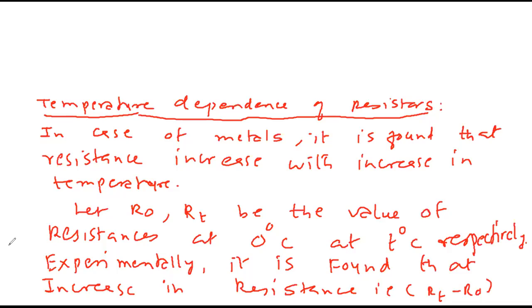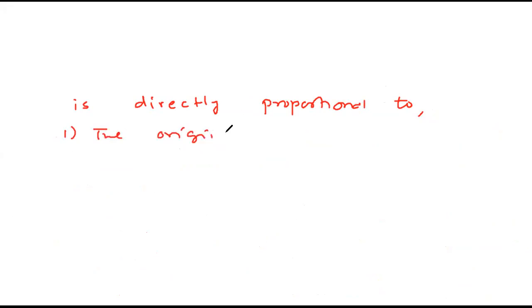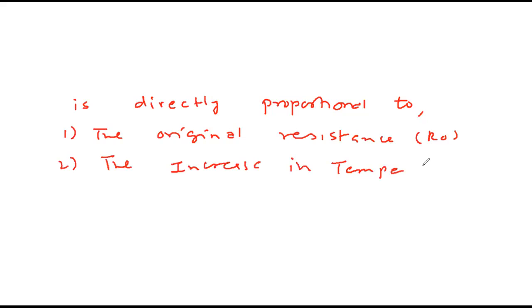Experimentally, it is found that increase in resistance, that is RT minus R0, is directly proportional to, first, the original resistance R0, and the increase in temperature delta T. Therefore, RT minus R0 is proportional to original resistance into increase in temperature.